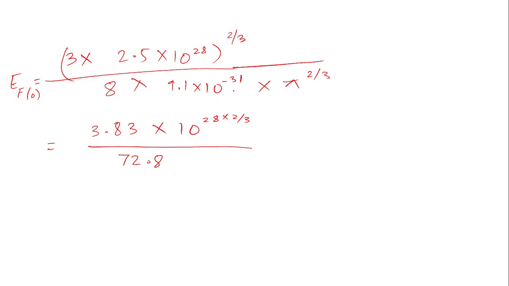This also, if I take into the numerator, it will be plus 31. This will be pi to the power 2 by 3.